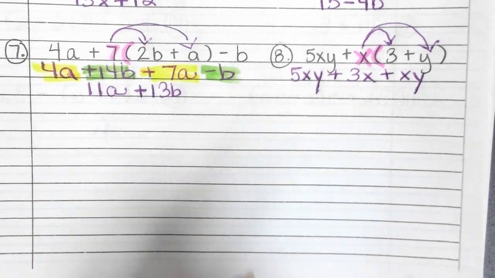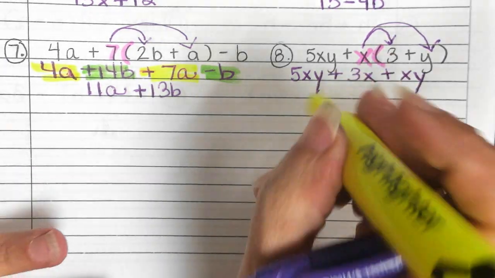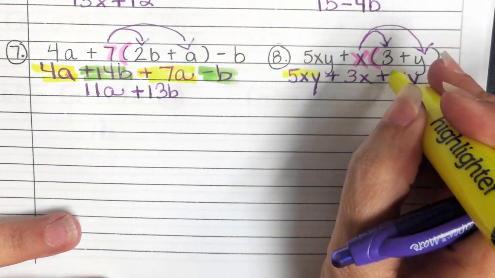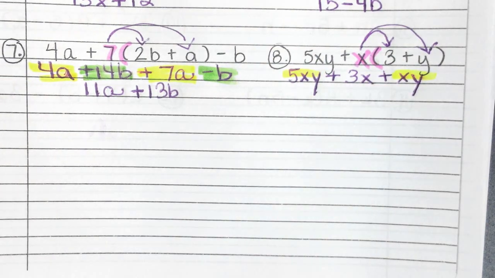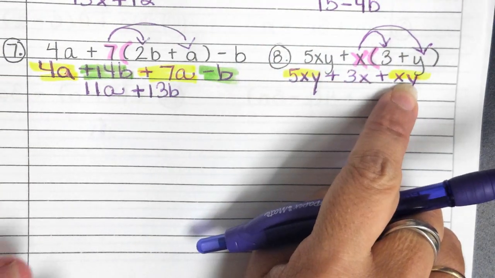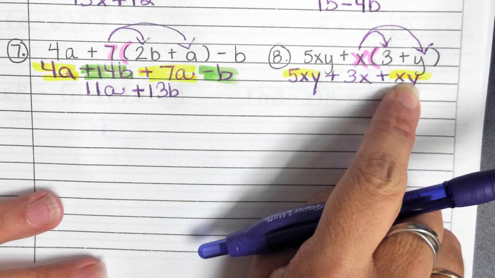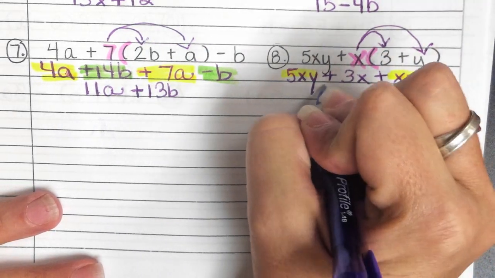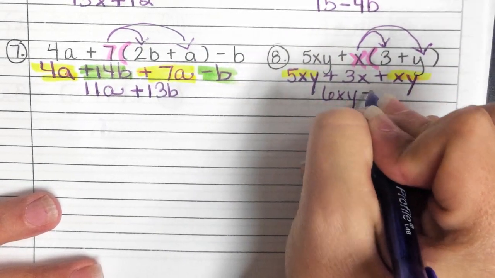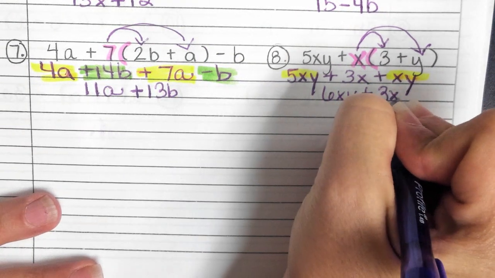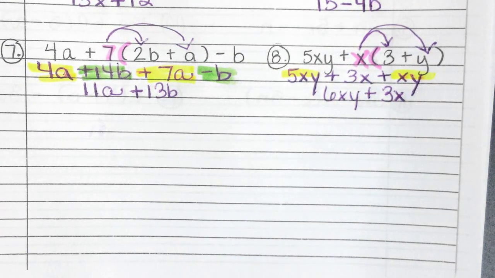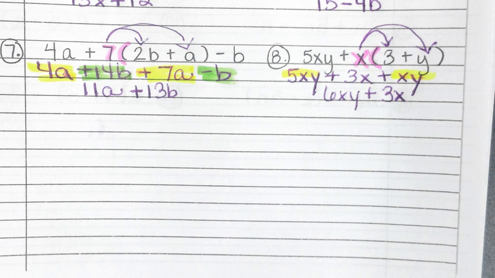Yes, listen, this 5xy goes with this xy. It is officially, that one is officially a 1xy. So 6xy. You got it. Plus 3x. You got it. That's what I'm saying. If you'll do this, it's easier.